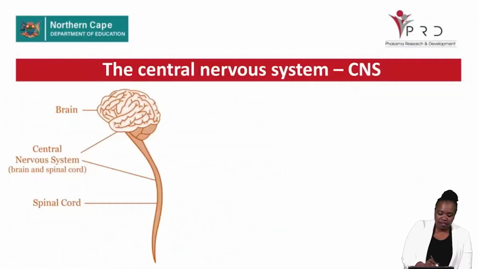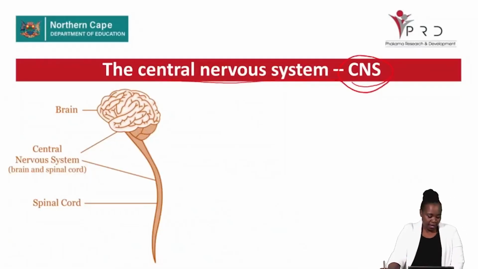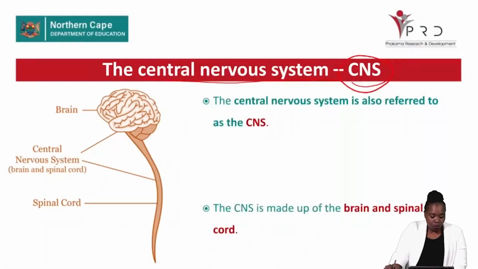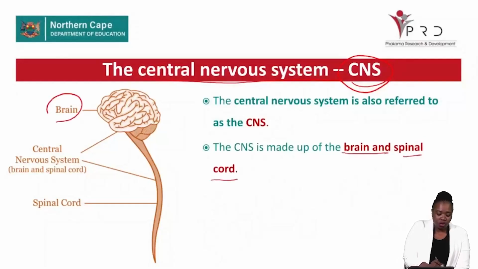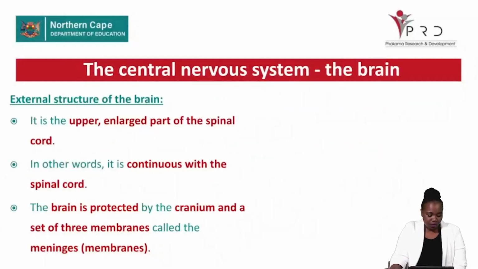So the central nervous system can also be referred to as the CNS. And like I said, the central nervous system includes mainly two parts, which are the brain as well as the spinal cord. So these two parts make up the central nervous system. Right.